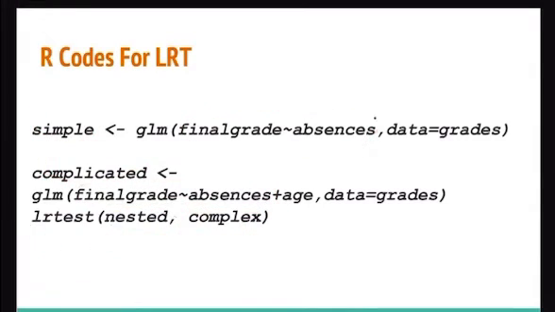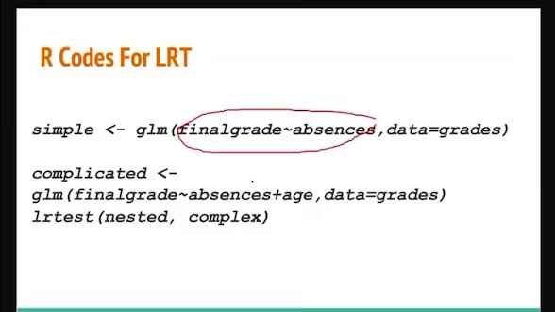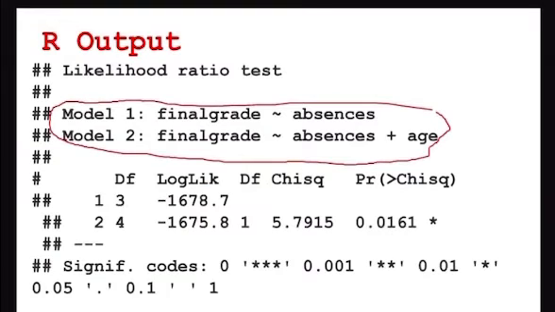I first consider just 2 variables more, and I can go all the way. But based on comparing one explanatory variable, absences, to 2 explanatory variables, absences and age, let's see what the result is going to be. This is the result.